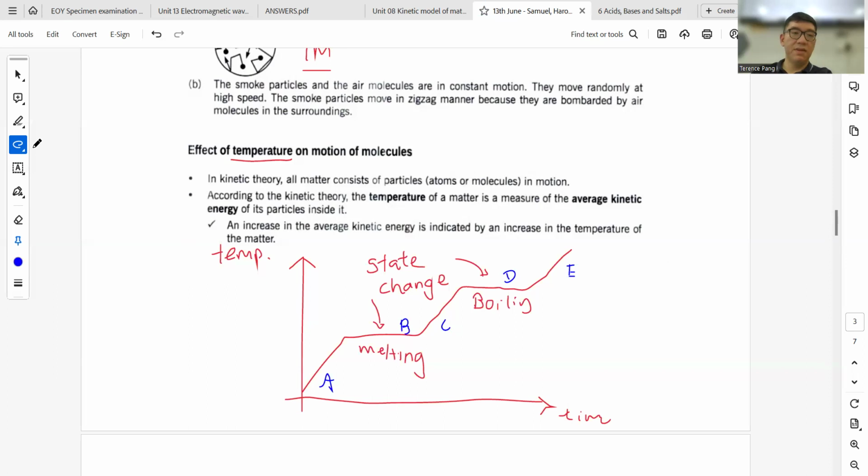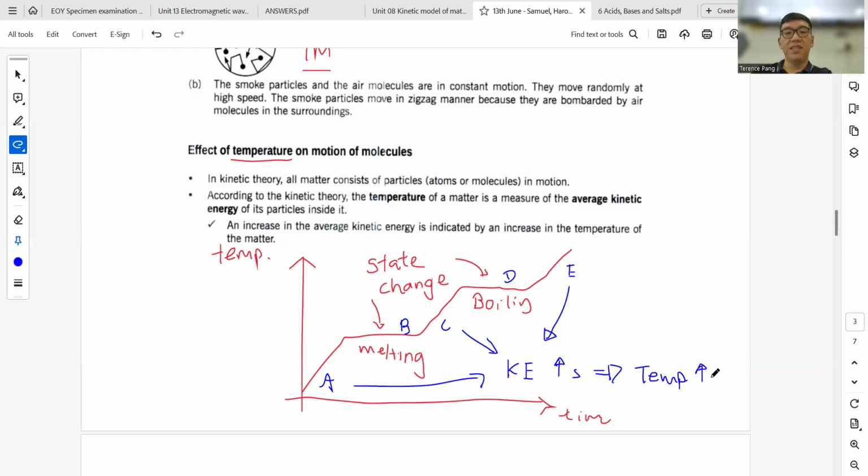B and D, no, there will not be a change in KE for B and D. So ACE will have a change in KE because the temperature increases, or rather the KE increases, which causes the temperature to rise. But the IE changes in B and D.